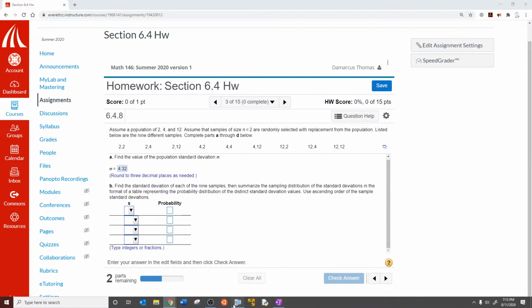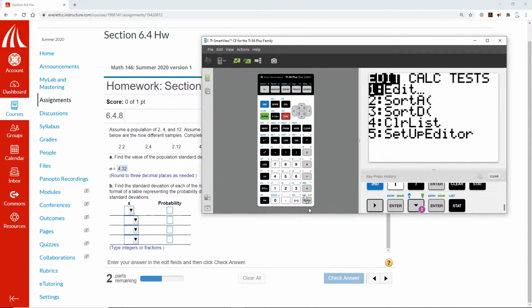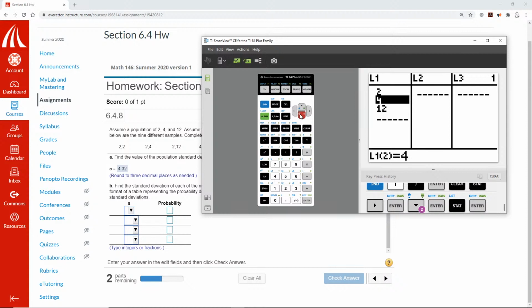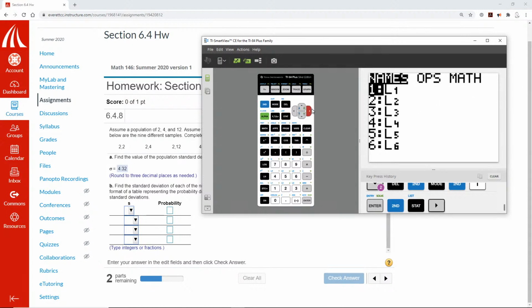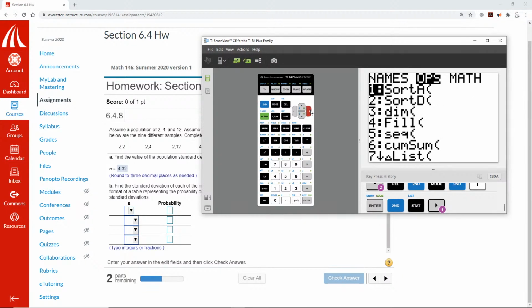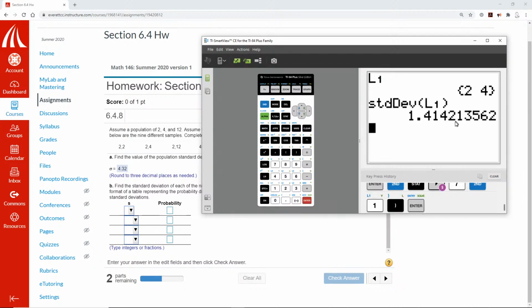All right. Now, how do we calculate the deviation of these little samples? Well, again, we could go back into the lists, edit, enter in a list like 2 and 4, for example. And because that's a sample now, I can go to math and standard deviation, number 7, and then use L1. 1.4142. Or let me show you the other way.